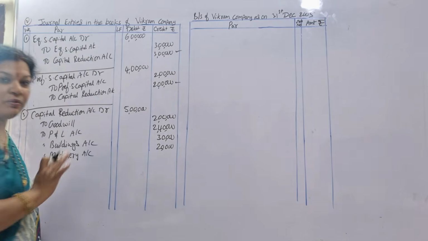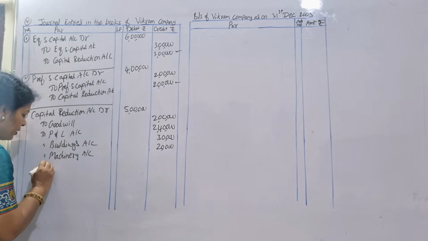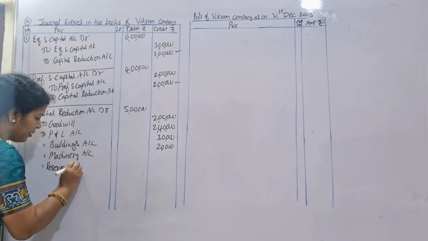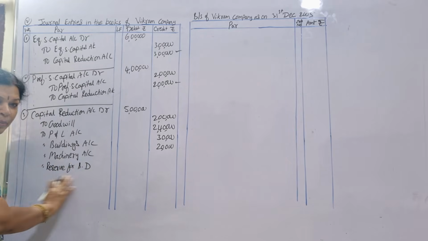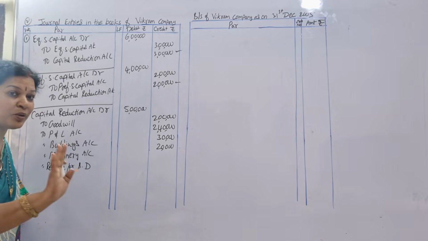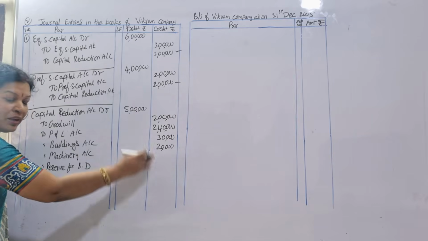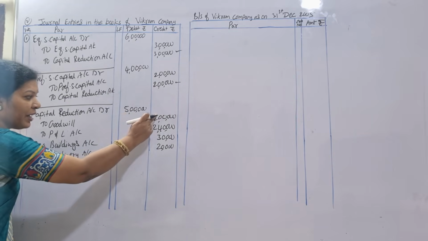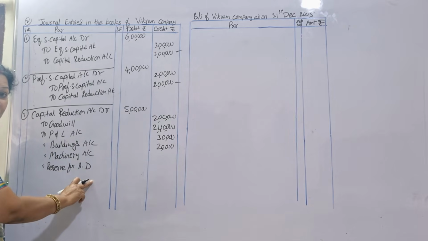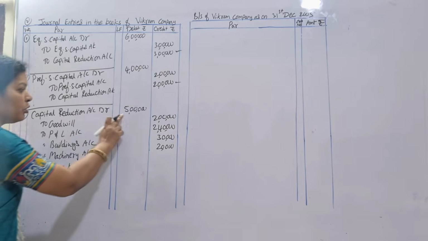Generally the balance we used to transfer to capital reserve, right? Balancing figure. No capital reserve. The difference between 5 lakh and all these amounts we want to transfer to the reserve for bad debts. So how much is the difference?